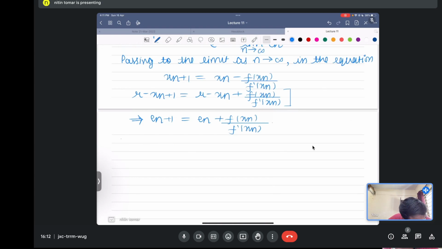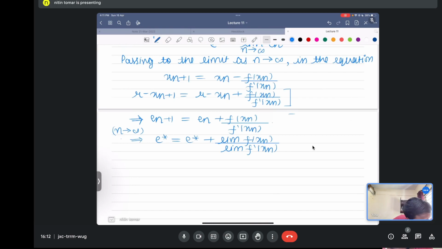Now as n goes to infinity in this equation, this is E star plus limit f of xn by limit f prime xn. Because xn is a convergent sequence, and f is a continuous function as well as f prime.